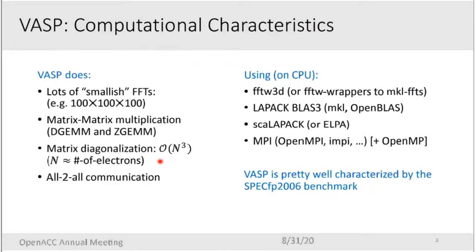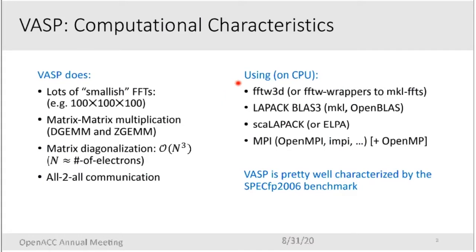The computational characteristics of a typical VASP workload consist mostly of FFTs, relatively small FFTs, and matrix-matrix multiplication. We do a bit of diagonalization as well, and depending on the computational setup, there's communication involved as well. All this work is put into libraries as much as possible.